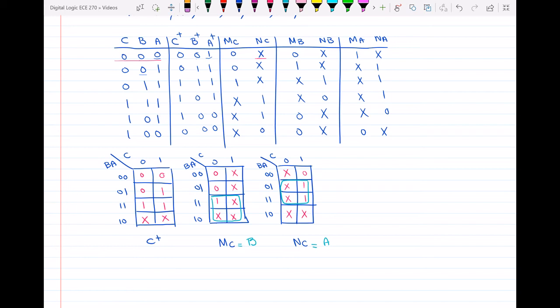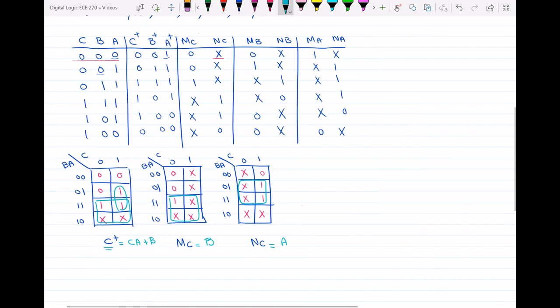And also for C plus, we have it over here, right? If I want to write the equation for C plus, you can see that I have these four ones here and these two here. So my C plus will be equal to CA plus B.